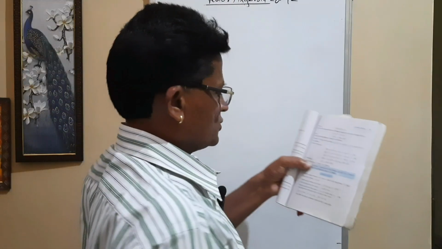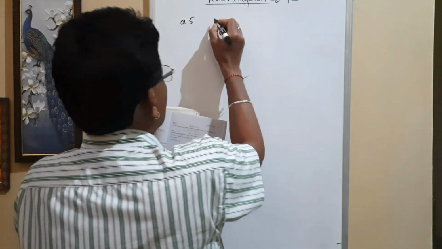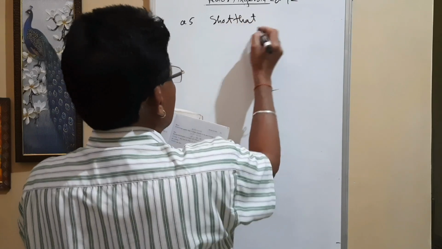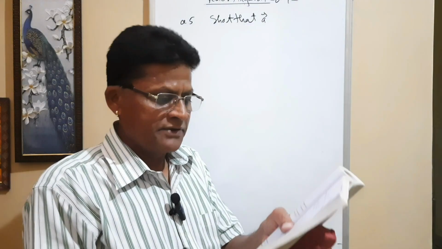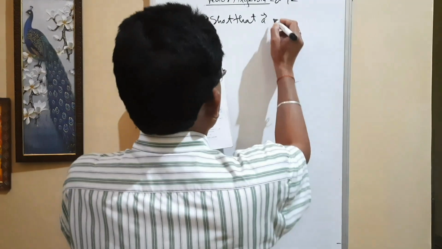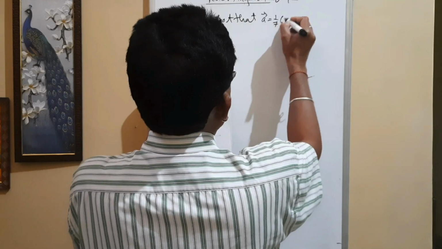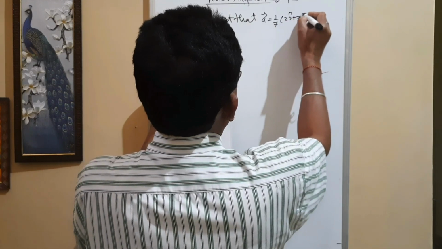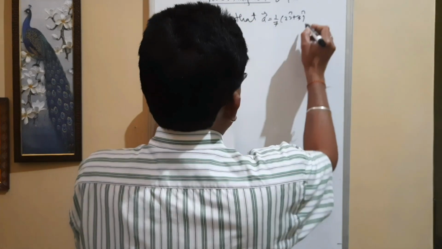It is a very important question: you will have to prove that each of the given three vectors is a unit vector. I will write it in short. You can see it in your NCERT book; question number 5 is very, very important. Three vectors are given. The first vector A is 1 by 7 times (2i plus 3j plus 6k).